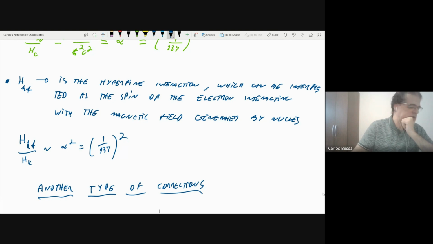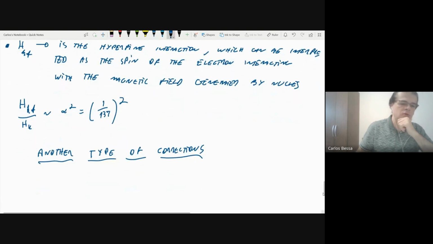One of them is the spin-spin interaction when you have more than, like, two electrons. So the interaction of the spin of the two different electrons. In general, this is also a very small correction and given by this. So in fact, it's the interaction of the spin of the electron with the spin of the proton.